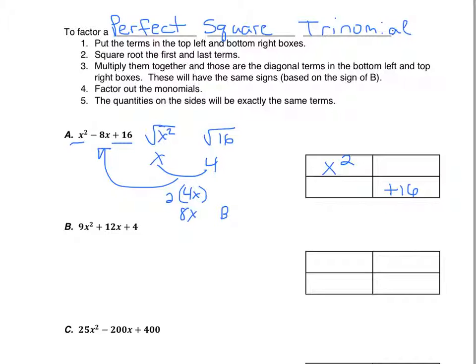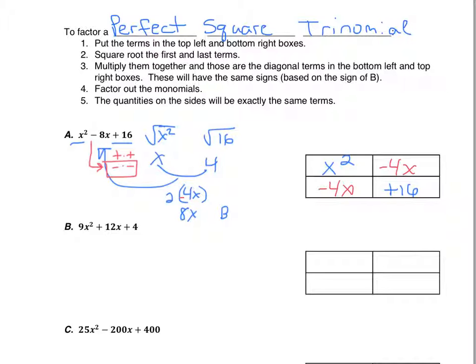And then because they multiply to get a positive, I have to have either a positive times a positive or a negative times a negative to get positive 16. And this b term actually tells me that they're both negative. So my 4 is really a negative. So I have negative 4x and negative 4x. Those add up to a negative 8x.